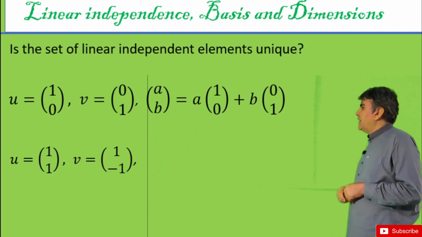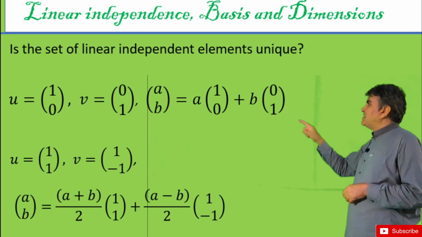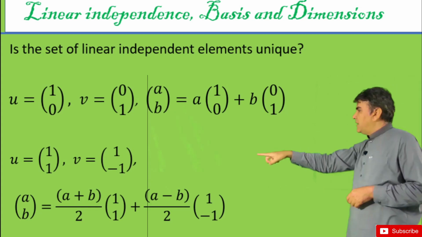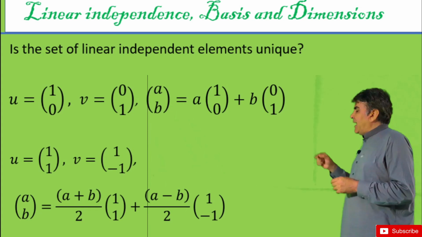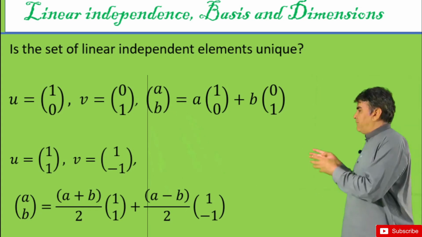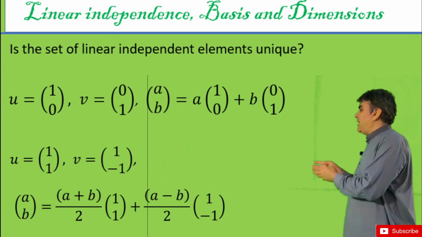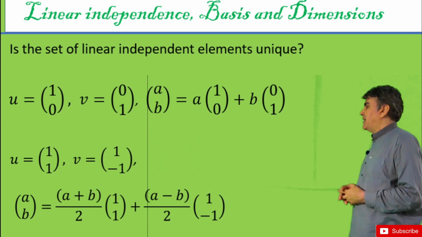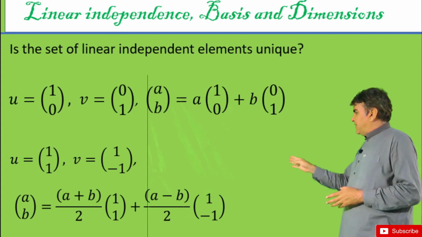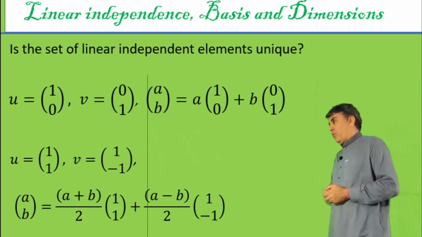For example, the above matrix with entries A and B can be expressed in the form of this linear combination of the two, where I multiply (A plus B) divided by 2 with the first element and then add it to (A minus B) divided by 2 times the second element. You can easily simplify that this addition is exactly equal to that side of the equation.